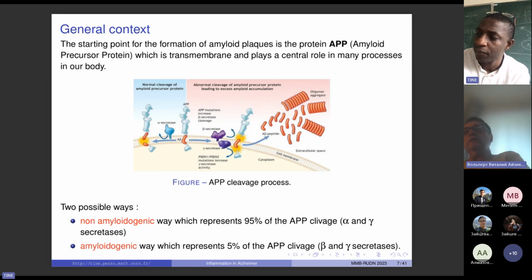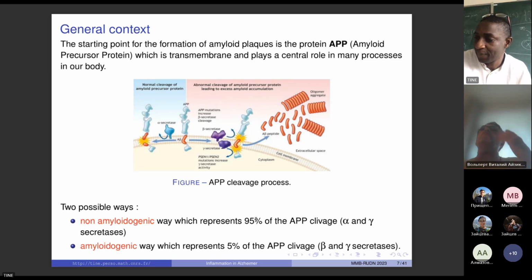If we say that inflammation acts to promote Alzheimer's disease, then the logical conclusion is, okay, let us give anti-inflammatory treatment and then we will stop the disease. But the data do not confirm that. This is the problem. The data do not confirm. Why?